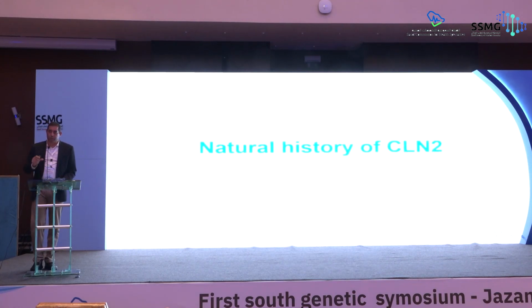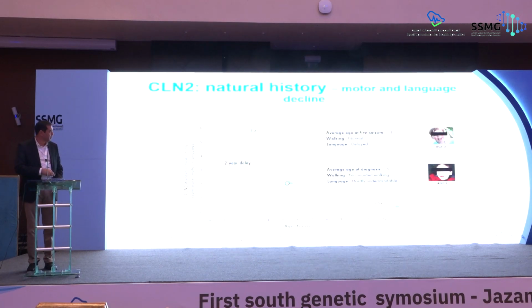Before moving to the second part, which is the treatment, let us see the natural history of patients with CLN2. You see how rapid and fast the regression is. Usually they start at the age of 2, and by the age of 6, 7 years, the patient is already in a wheelchair. Very fast regression.